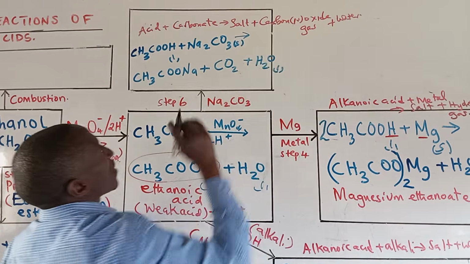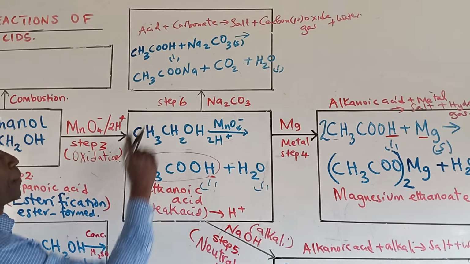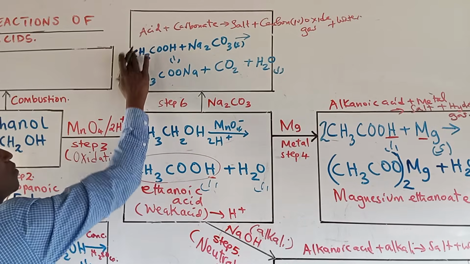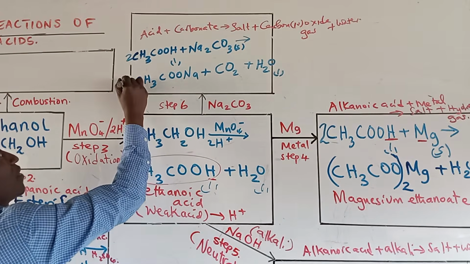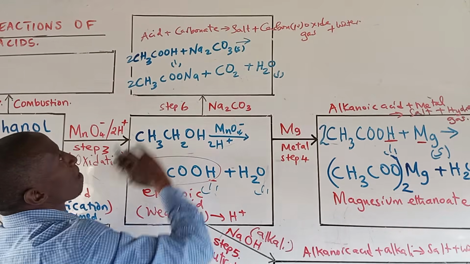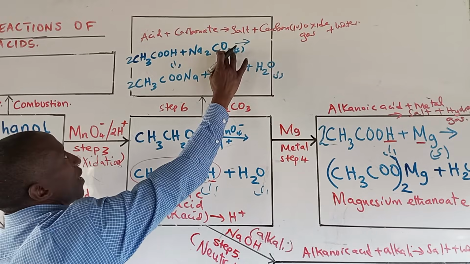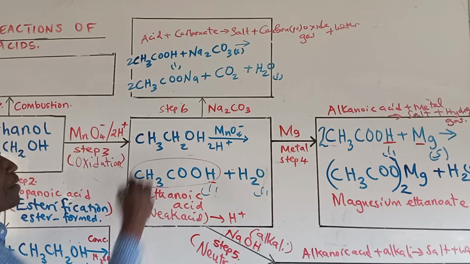So all that is left now is for us to do the balancing. If these are two sodiums, they require 2 of this, and we have 2 of that, and we have 1 carbon, 1 carbon. The oxygens are 3 here, and we have 2 plus 1, 3, and I believe now it is balanced.